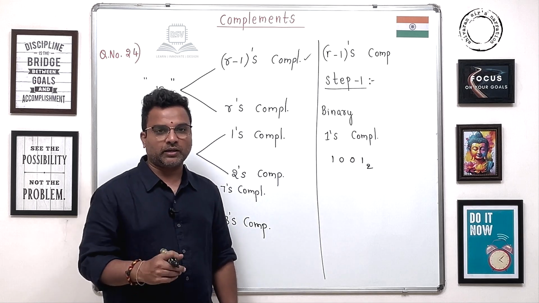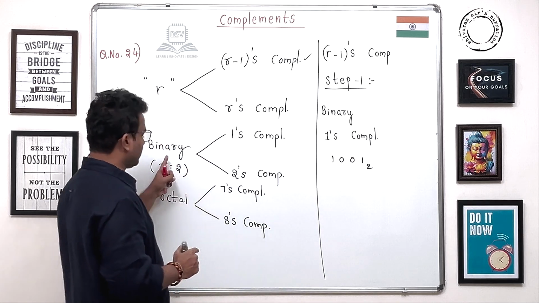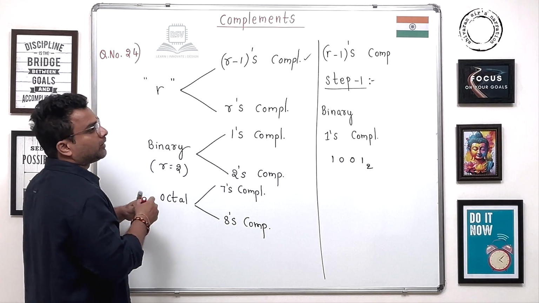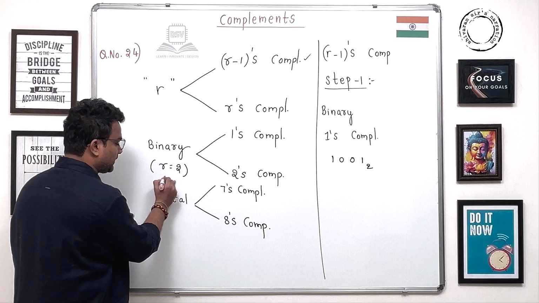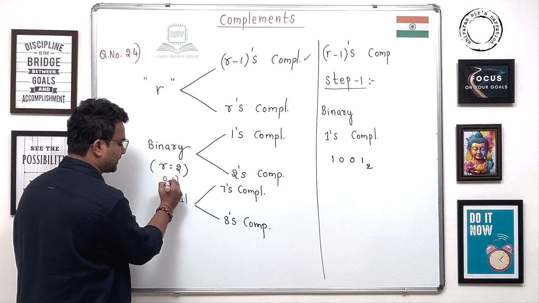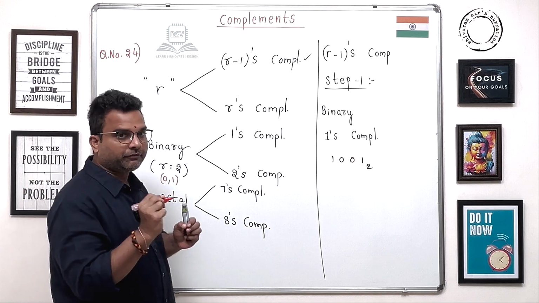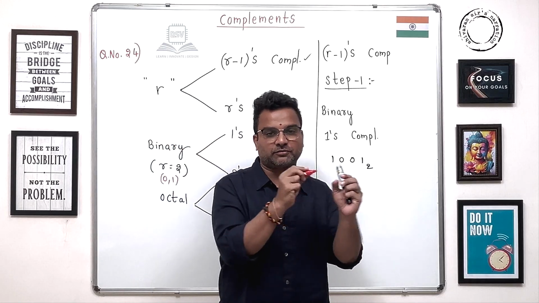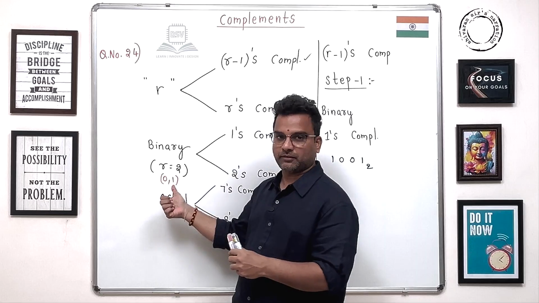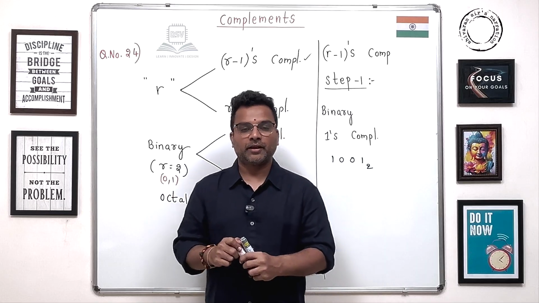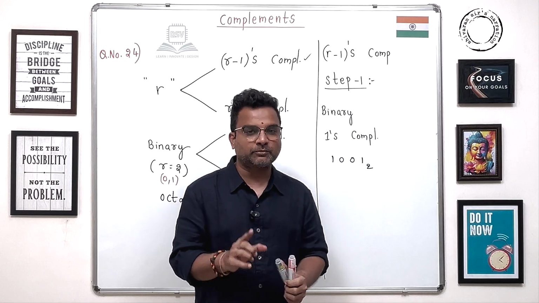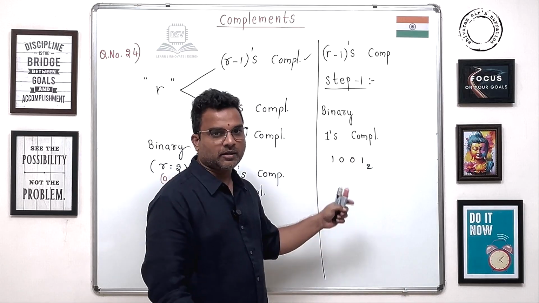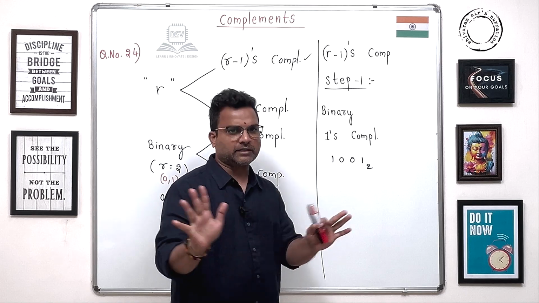What is the maximum possible value present in the number system? In binary, 1 only, because the radix value is 2. Hence, the symbols are 0 and 1. Yes, every number system has the symbols 0 to r minus 1. So in binary, the maximum possible value is 1. You need to subtract this number from 1.